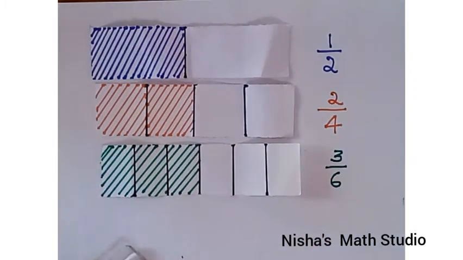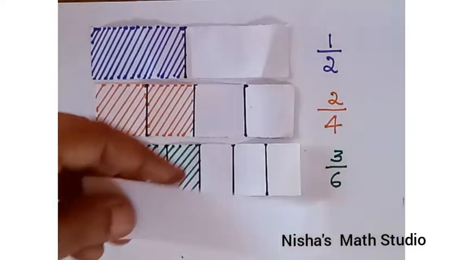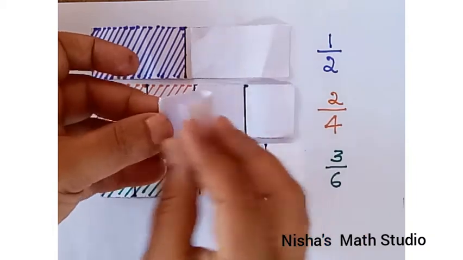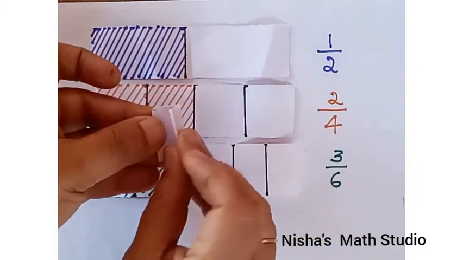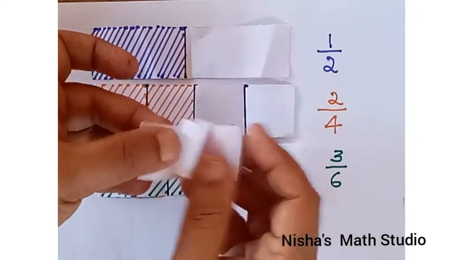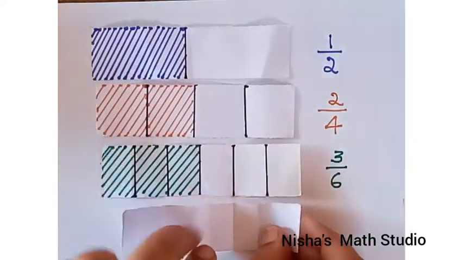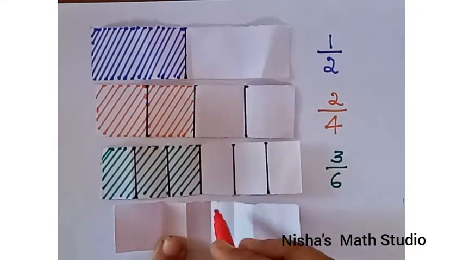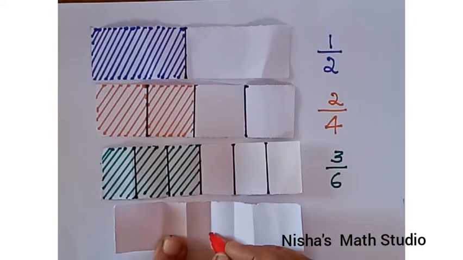Now the last strip, fold it into 8 equal parts. 2, 4 and 8 equal parts. Out of these 8 equal parts, let me shade 4 parts, 1, 2, 3, 4 parts with the red color now.